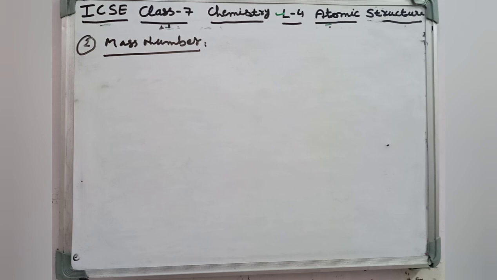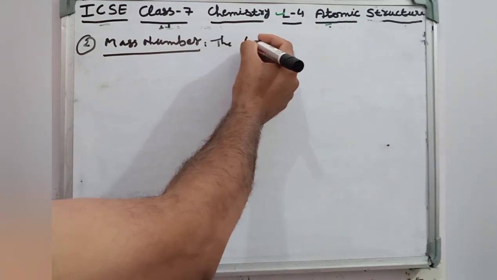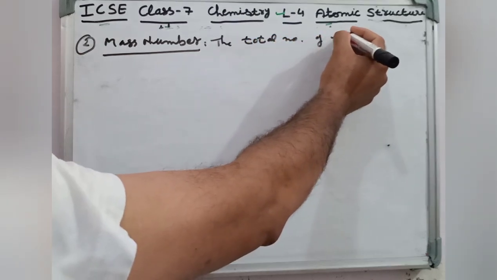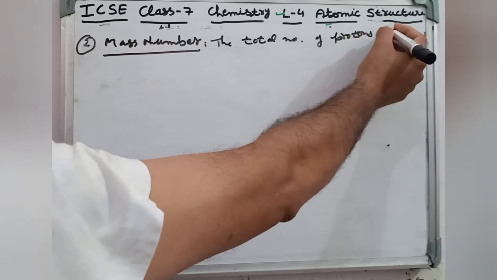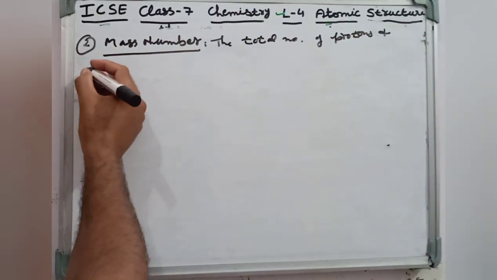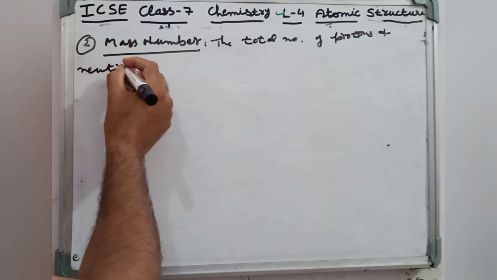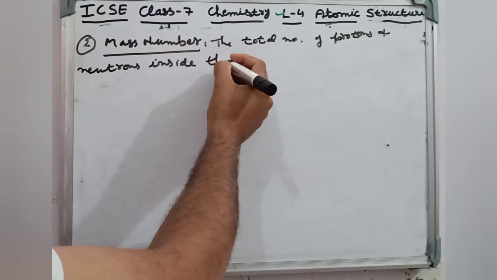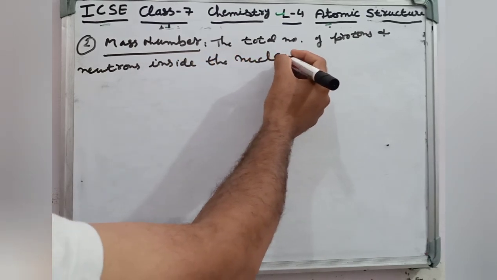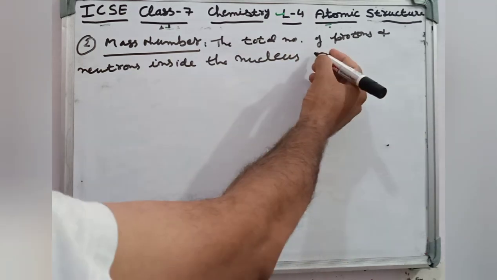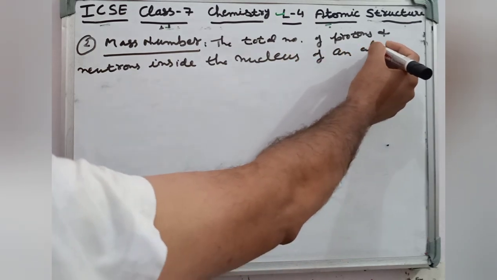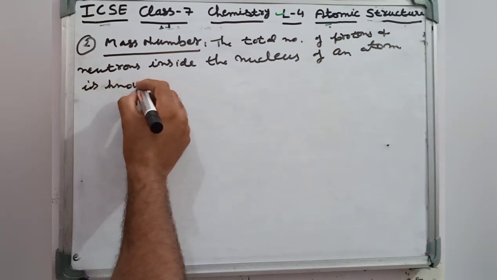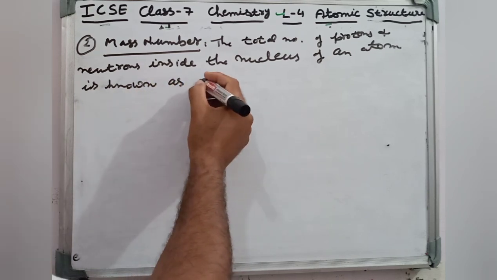So the total number of protons and neutrons inside the nucleus of an atom is known as mass number.